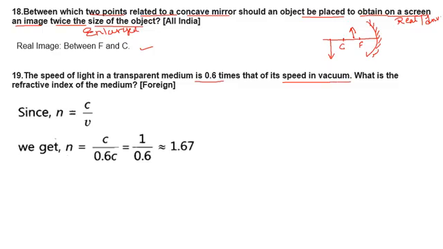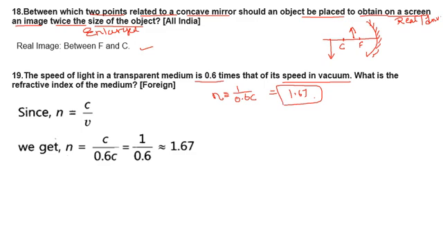Let's take the speed in vacuum as C. So the speed of light in the medium is 0.6 times C. What is the refractive index of the medium? So n is equal to 1 upon 0.6, and if I solve this, I'll get the answer 1.67. So the refractive index is 1.67.